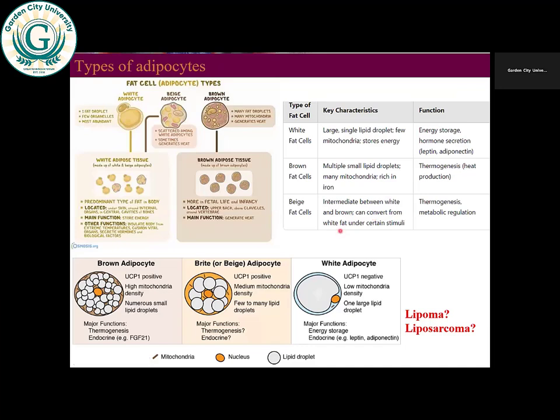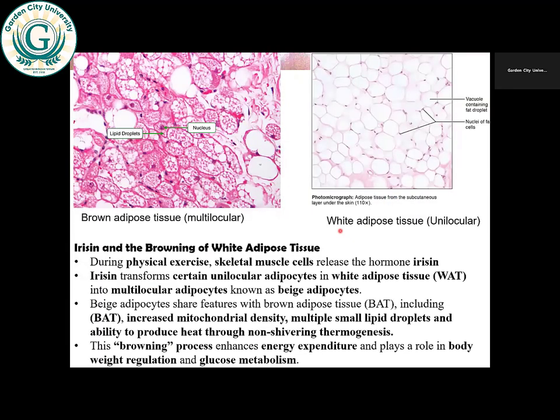And that is very important. Like when you are exercising, the skeletal muscle cells produce a hormone that we call irisin. And this is the one that helps to convert white adipocytes to this beige type adipocyte. And that is very important because in that case, it helps you even reduce your weight.